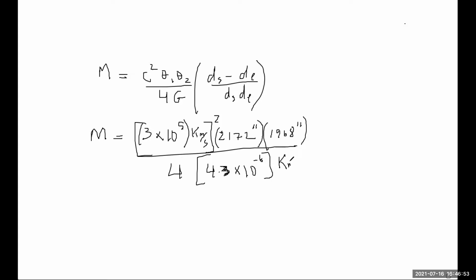Kilometer squared times kiloparsec divided by mass of sun times second squared, right? Then the distance of the source, that's going to be in parsecs.